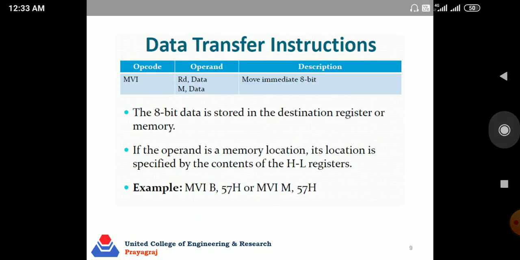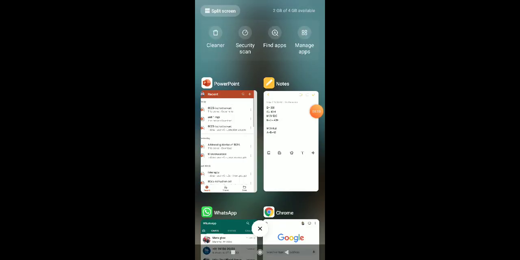We can explain again. Let's suppose in HL, H has 20 and L has 50, and combined, in this location there is 50H.